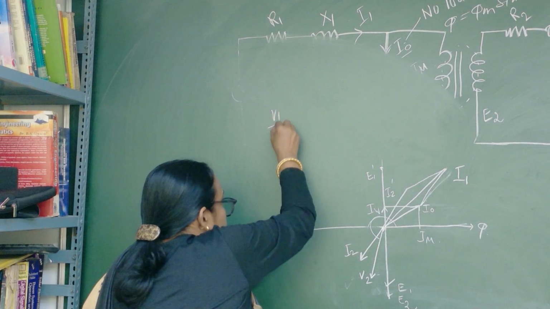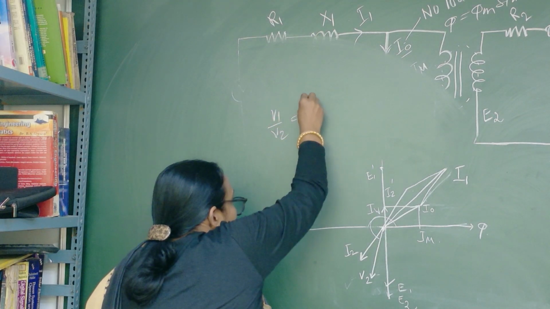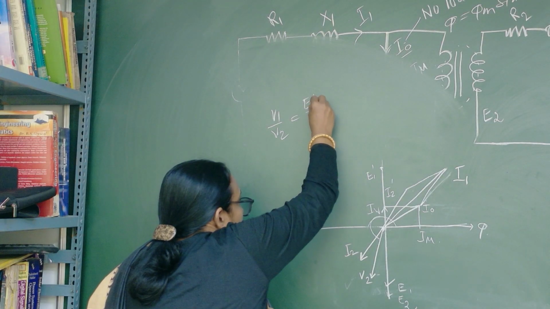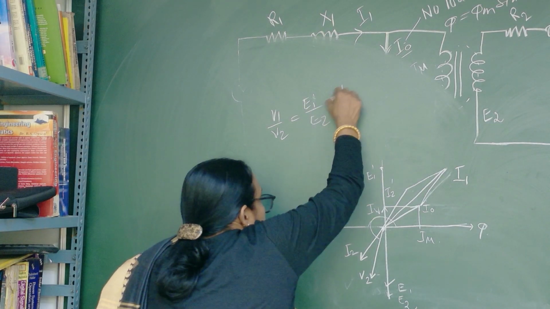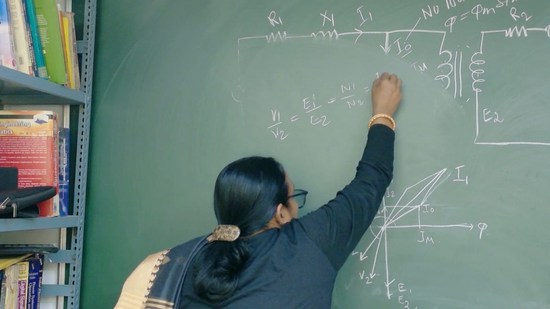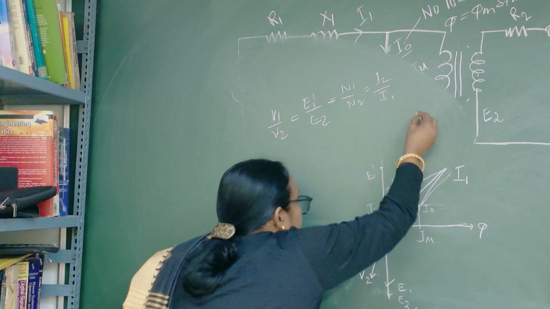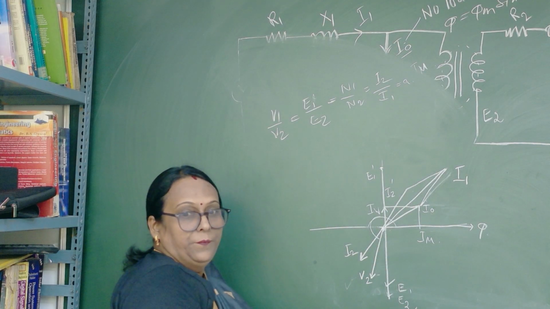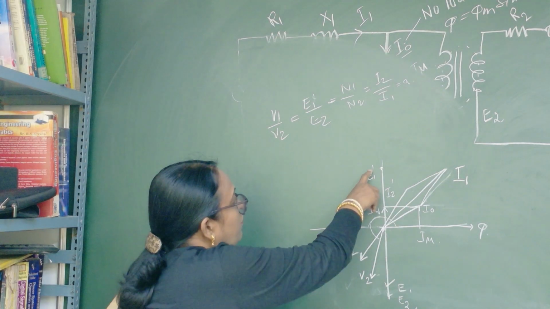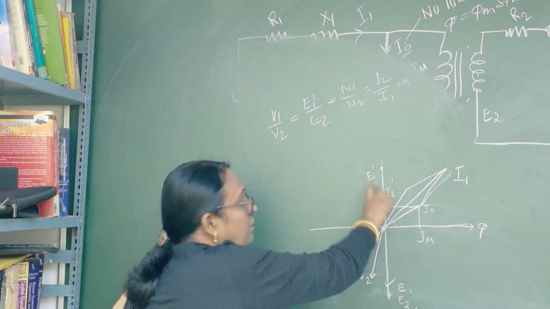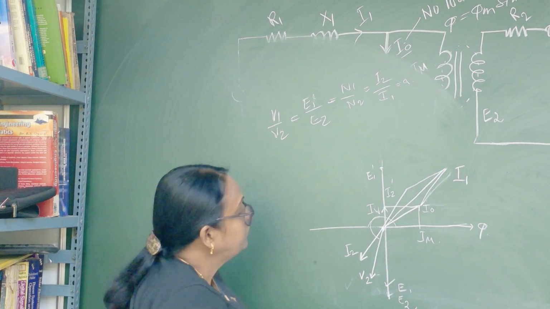As we know, V1 by V2 is equal to E1 by E2, is equal to N1 by N2, is equal to I2 by I1. This is the transformation ratio. So this E1 dash is nothing but the same magnitude as E1 but in reverse.